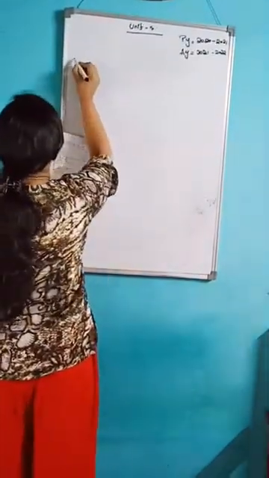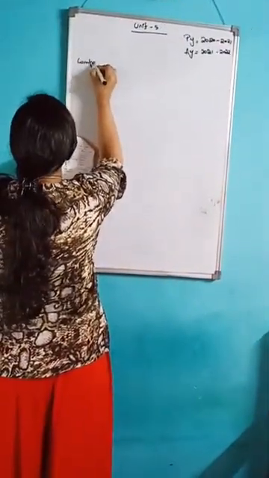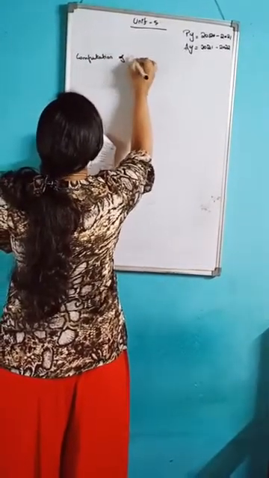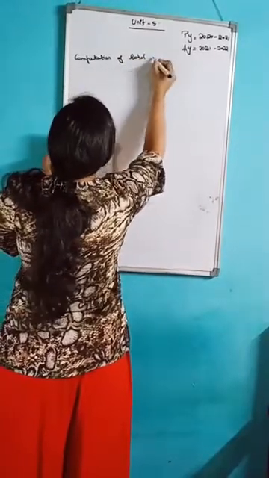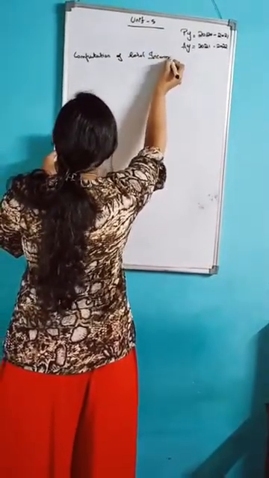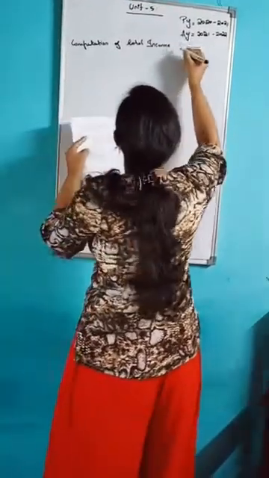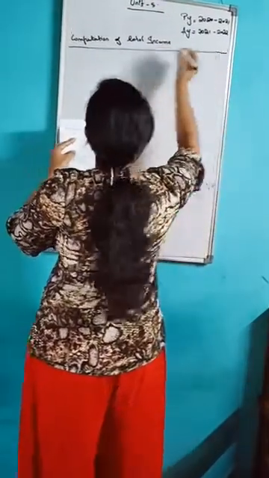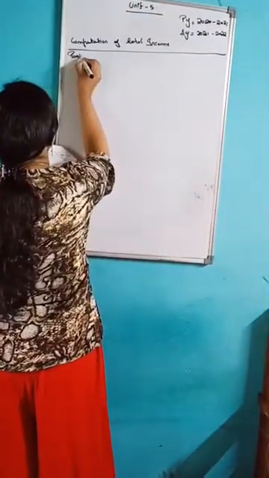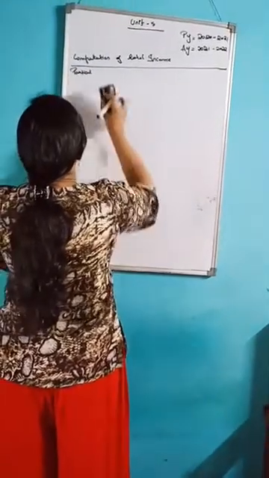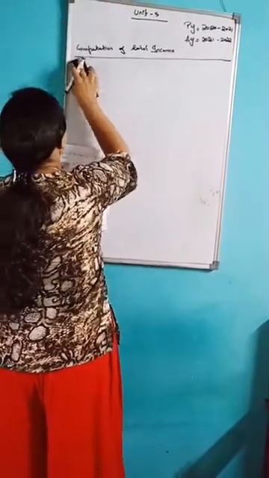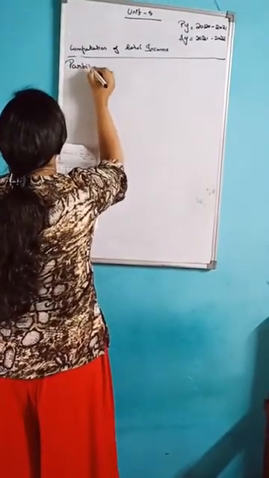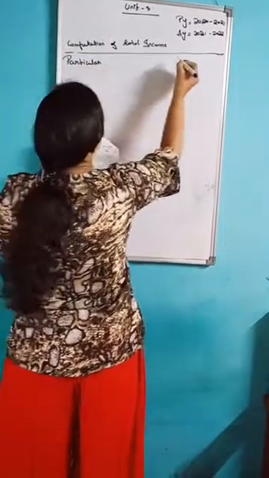Here the computation of total income. So you should calculate the format, that is total income. Particulars and amount column.